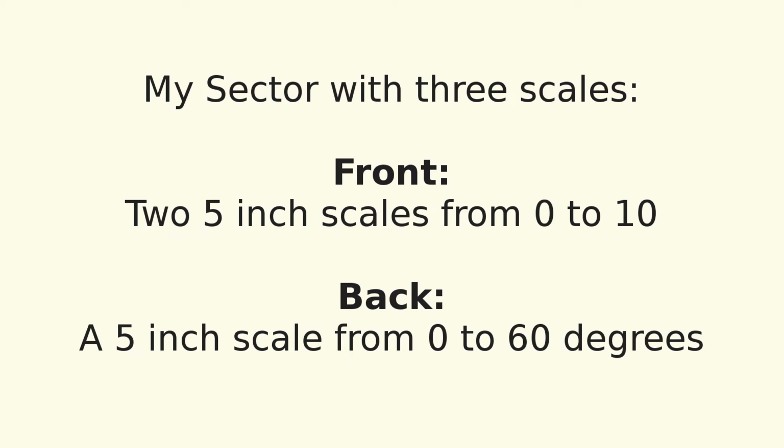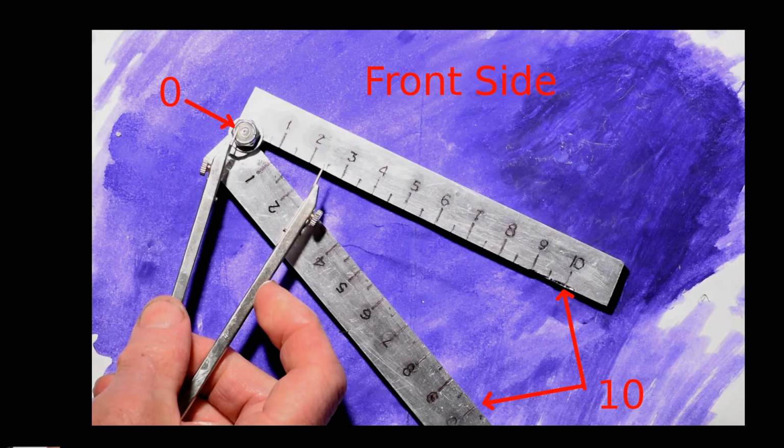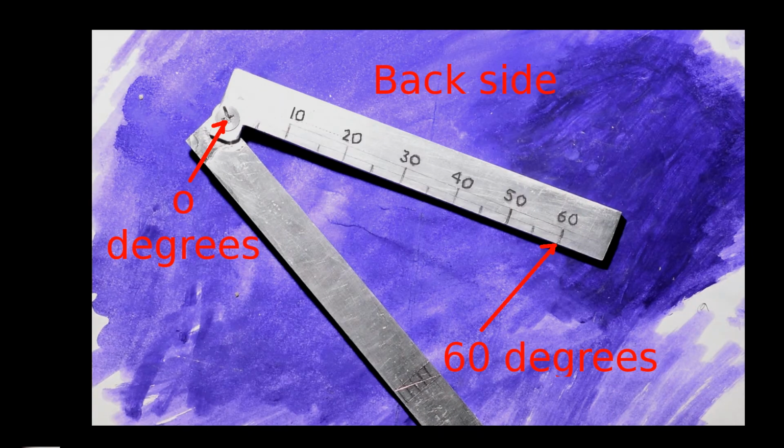To make this as simple as possible, I built my own crude sector with just 3 easy-to-read scales. The front has 2 identical scales of equal spacing, numbered to 10. The back has a scale for measuring angles to 60 degrees.